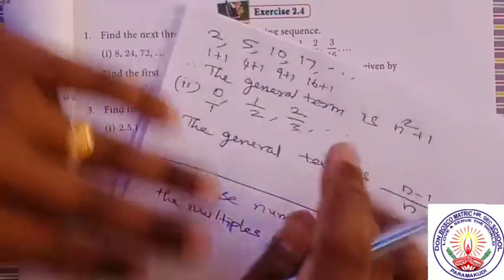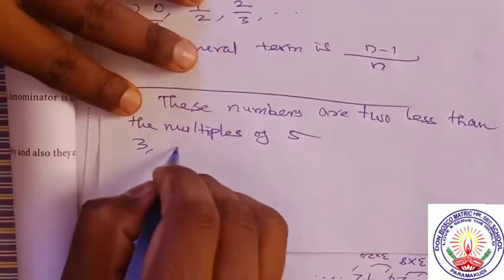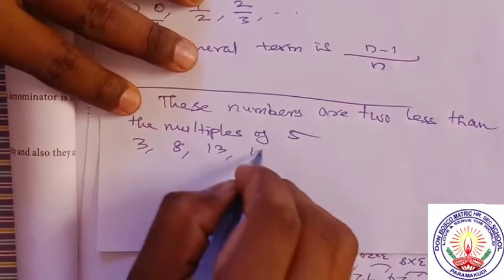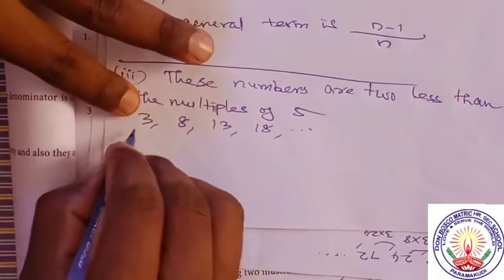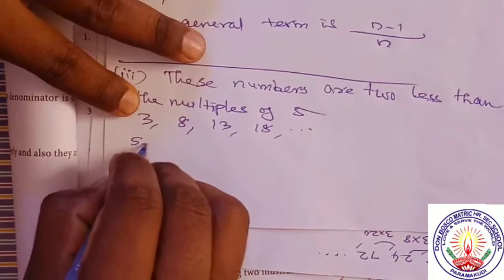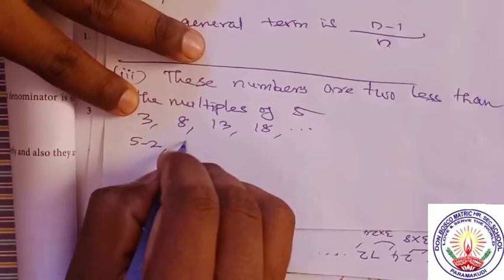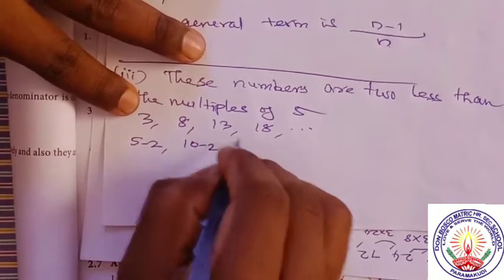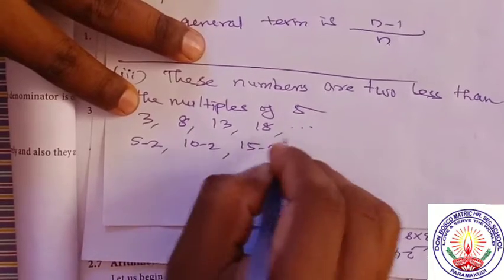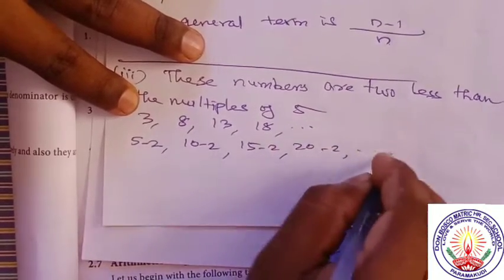For example, what are the numbers? 3, 8, 13, 18. How can we write this? This is nothing but 5 minus 2. 8 is nothing but 10 minus 2. 13 is nothing but 15 minus 2. 18, 20 minus 2, dot dot dot.